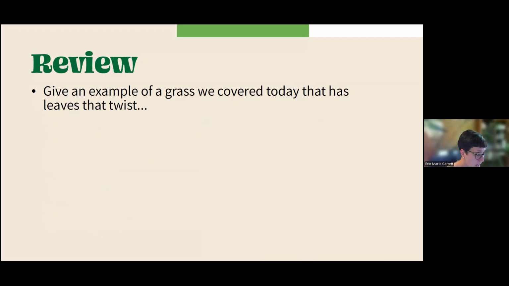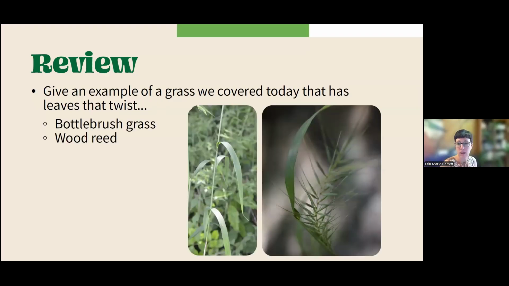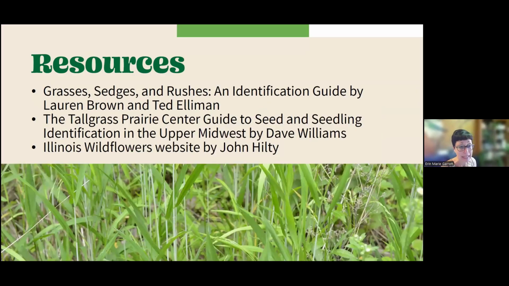Excellent. We've got a lot of wood reeds in here. The Elymus, specifically the bottlebrush grass. Exactly, yeah. So most of the ryes, yes, I just put the bottlebrush grass in here because I had a good picture of it and the wood reed. But you are correct. Very good. I think that's my last one, the last quiz for the day.